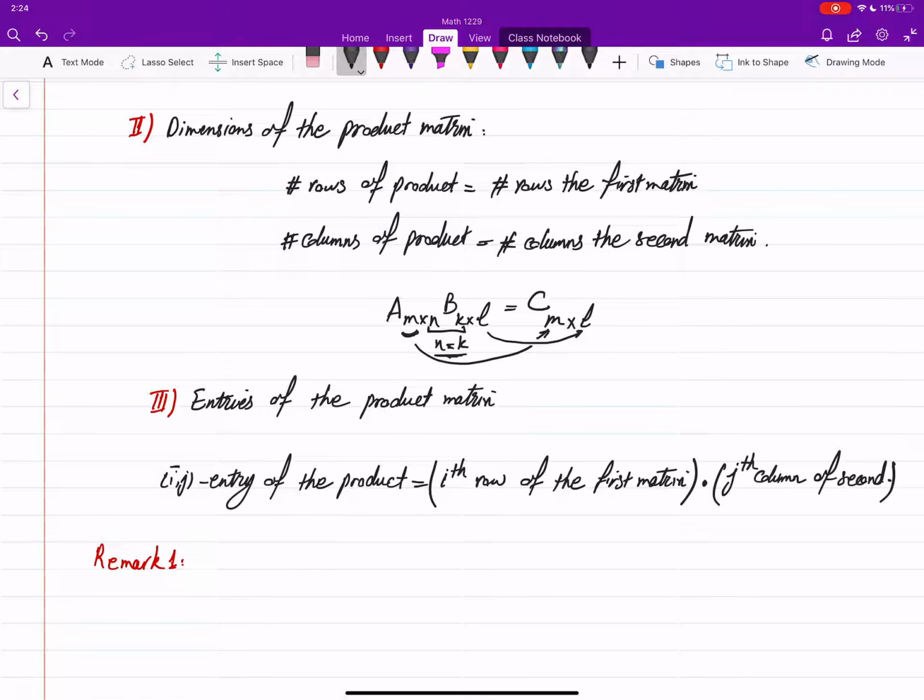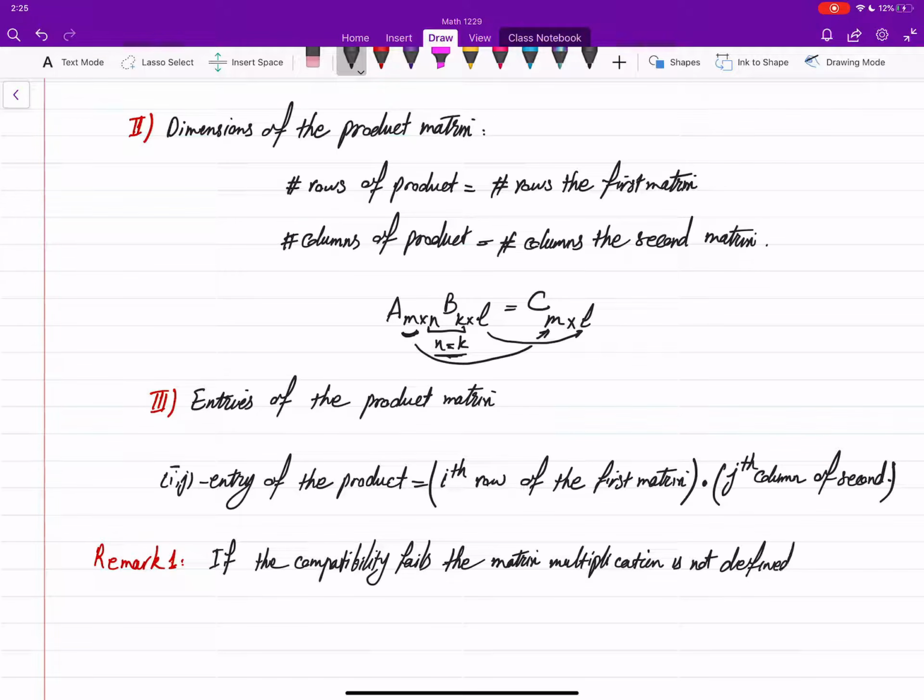So if the compatibility fails, then the matrix multiplication is not defined. The whole thing is not defined.